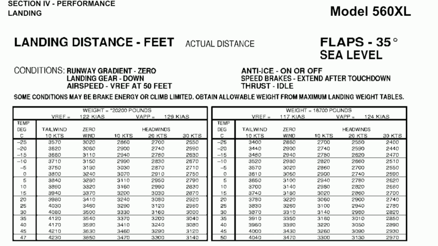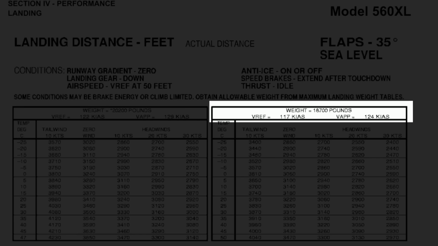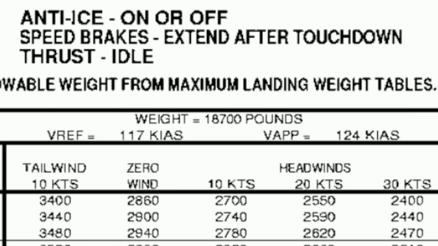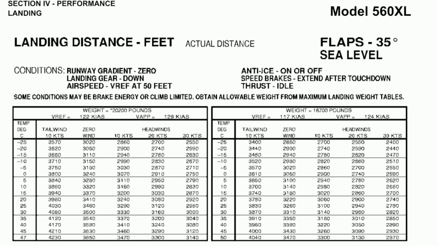If we go to the right side of the table again, we have 18,700 pounds. That's our maximum landing weight on the XLS. Our VREF is 117. Our VAP is 124. Again, if we're landing at maximum landing weight on the Cessna XLS Citation, we're still falling into category B.